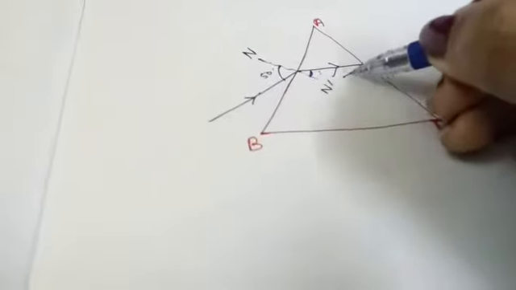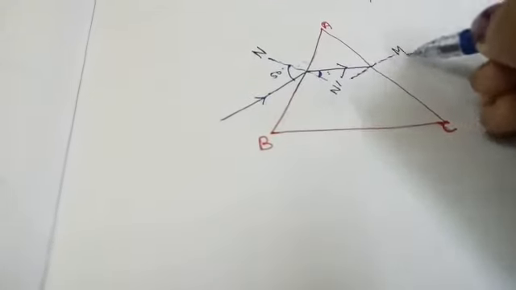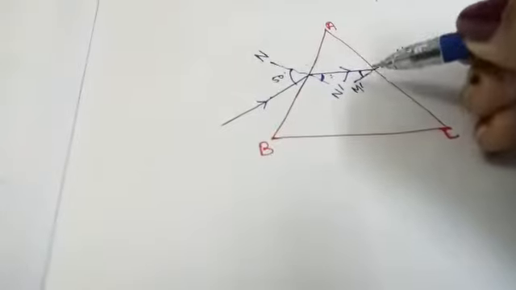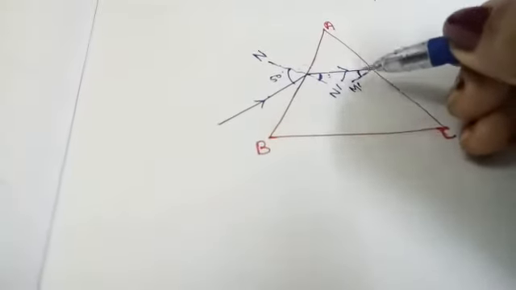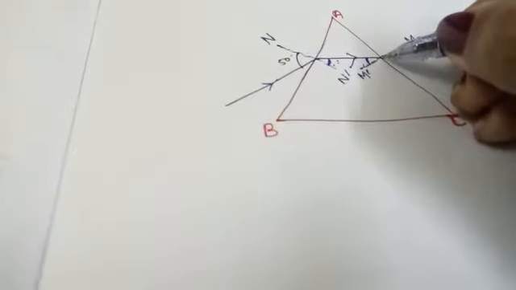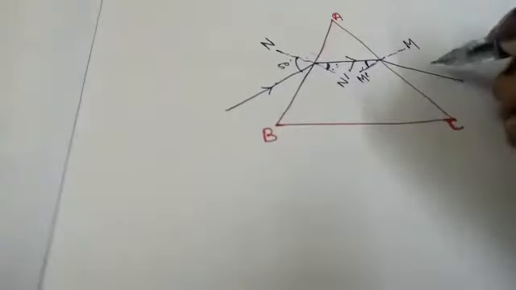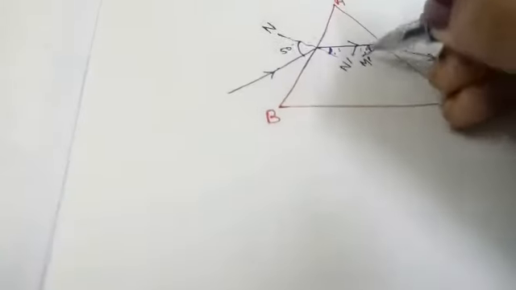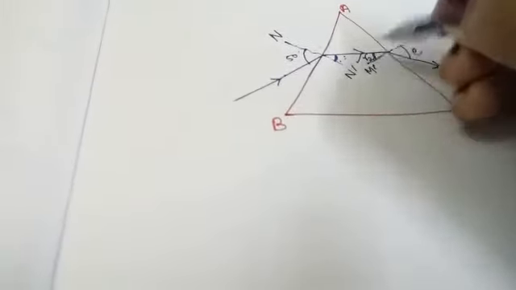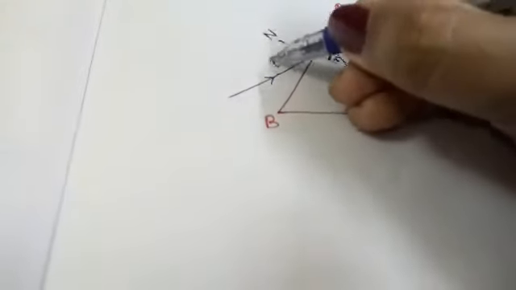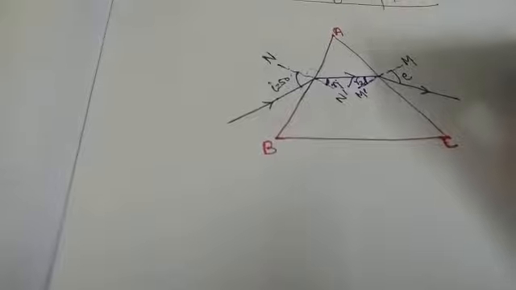So make a normal M dash, right? Suppose if this angle is anything, any number, suppose this one is 10, this one is 20, right? So it moves away from normal like this, and this will be angle of emergence. This is angle of refraction. Angle of refraction first, angle of refraction second, and this one is incident ray, understood?